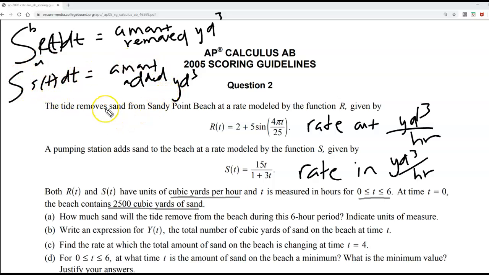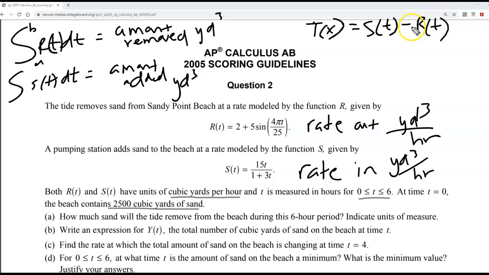Okay? So now this is kind of important. If I want to find the total rate of change, I'm just going to make up my own variable. I'm going to use the same one I had on my worksheet earlier. Let's say t represents the total rate of change. It's going to be the rate in minus the rate out. So the order that you put these in matters. It's the rate in first, which is S, minus the rate out.